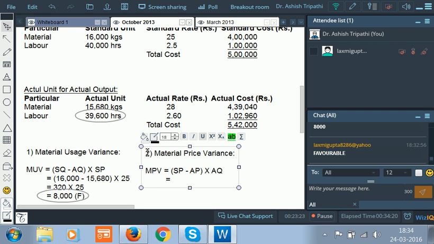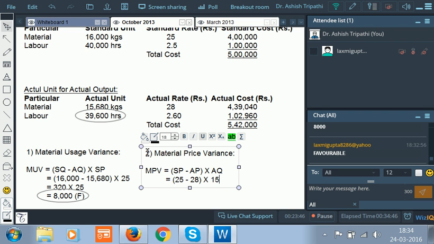So let us try to solve this. We'll have to put the values. Standard price for material is 25 minus actual price for material is 28 into actual quantity.